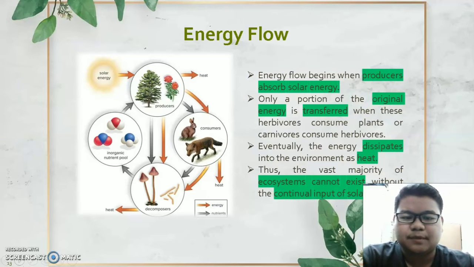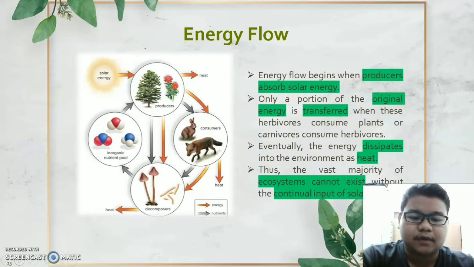For example, only a portion of the energy from the producers is transferred to the herbivores. And eventually, the energy dissipates into the environment as heat. As we all know, heat is a form of energy. Thus, the vast majority of ecosystems cannot exist without the continual input of solar energy.